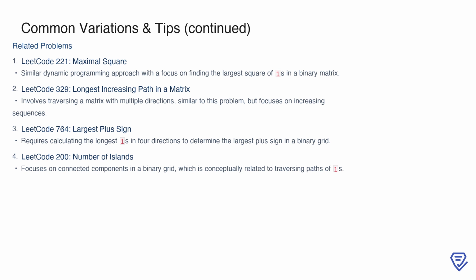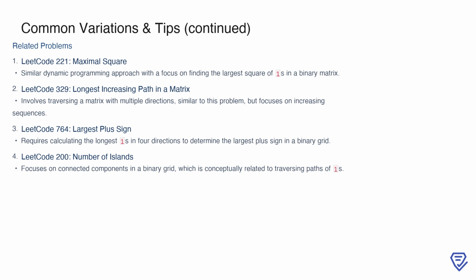In LeetCode 221, Maximal Square, you use a dynamic programming approach to find the largest square of ones in a binary matrix. It's similar in that you're working with a binary grid, but the focus is on squares rather than lines. Another related problem is LeetCode 329, Longest Increasing Path in a Matrix, which also involves traversing a matrix in multiple directions. However, it's focused on increasing sequences rather than consecutive ones.